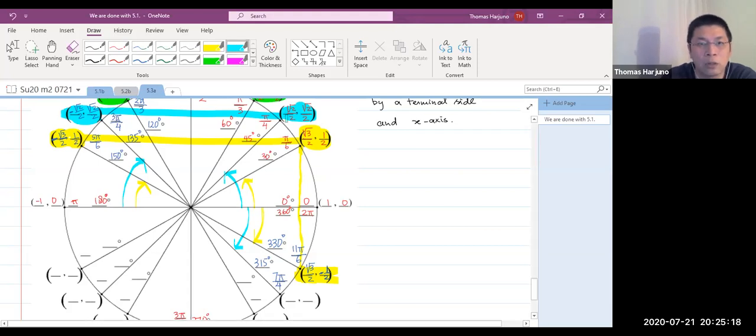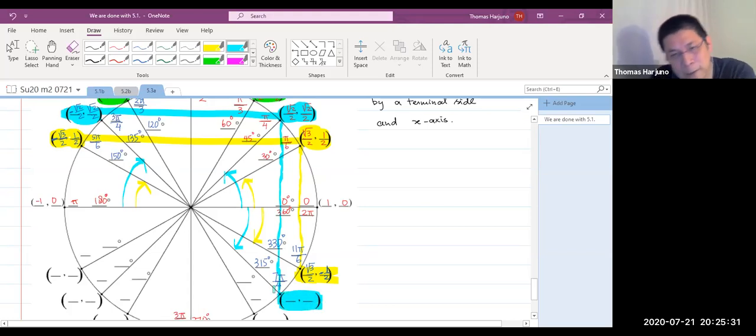Now the coordinates must have something to do with the coordinates up there. They must be the same numbers except the plus minus sign, because they have the same reference angle. Now, what is the coordinate? You can see the same x, right? But you reflect with respect to the x-axis, so the y will get the opposite.